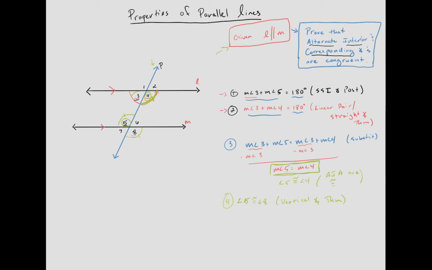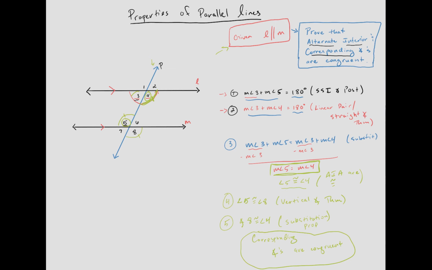And now, since we know that angle 5 is congruent to angle 8 and angle 5 is also congruent to angle 4, we know that angle 8 must be congruent to angle 4, and that we can call substitution. And now we've proved that corresponding angles are also congruent.